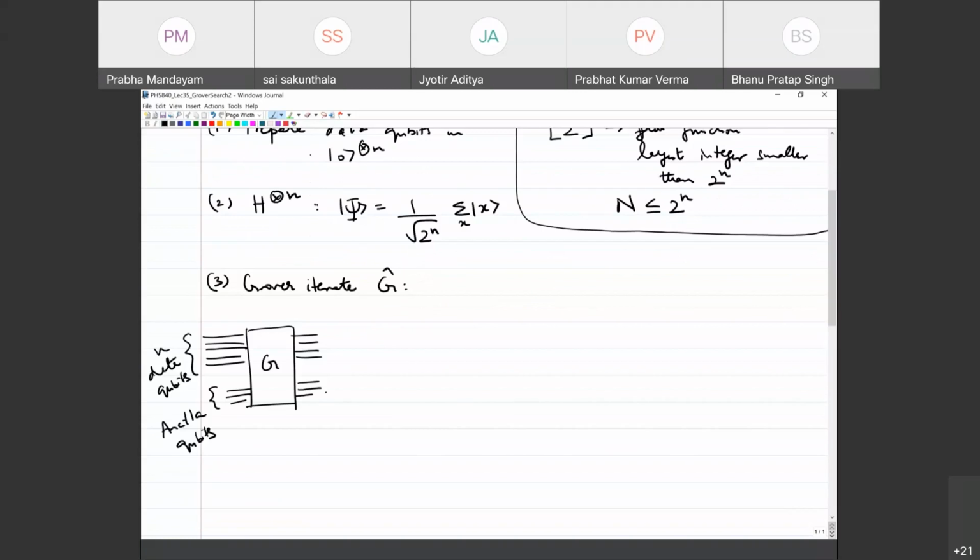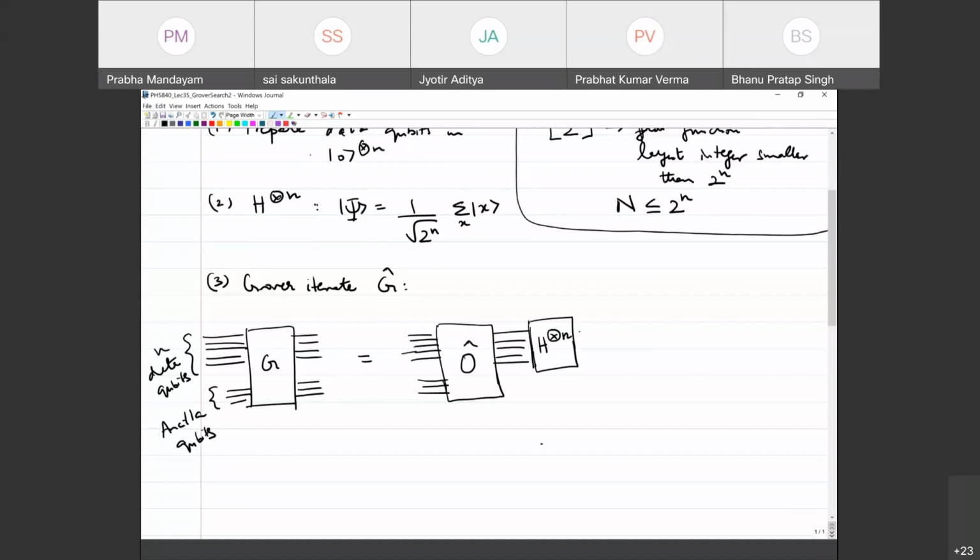And this is basically equal to the following circuit, where you first apply the oracle for this search problem, right? And then on the data qubits, you have to do this inversion about the mean. That's what we called it yesterday, if you remember.